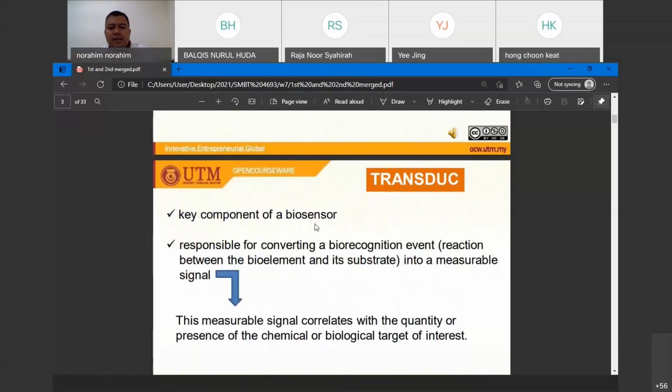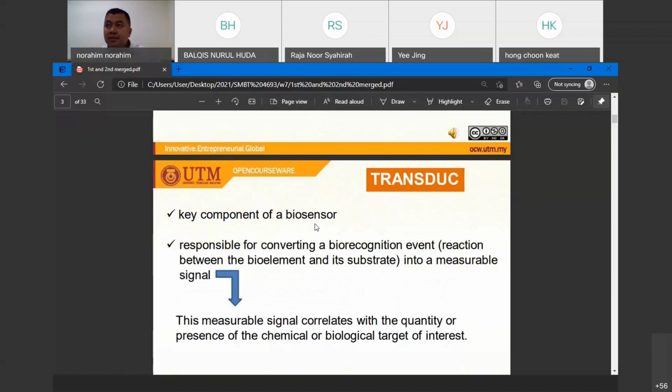Okay, a transducer is one of those main components in a biosensor that is responsible to convert a reaction, or in a technical term, we call it a biorecognition event. A reaction between the bioelements, the sensing elements, with the substrate of whatever molecule you're trying to detect or sense, into a measurable signal.